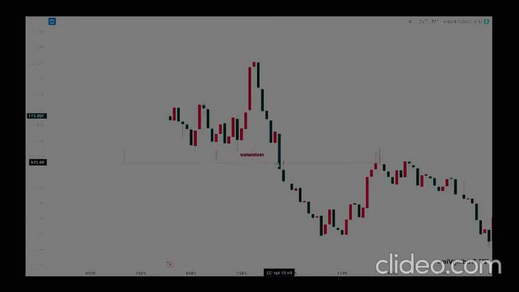Once resistance is broken, then the same price can support.